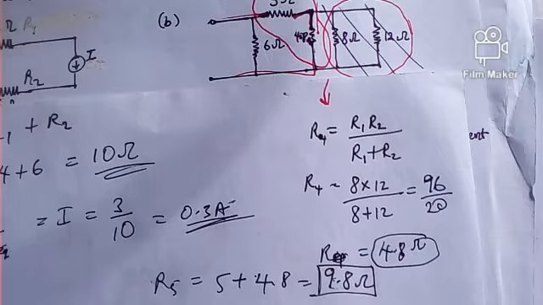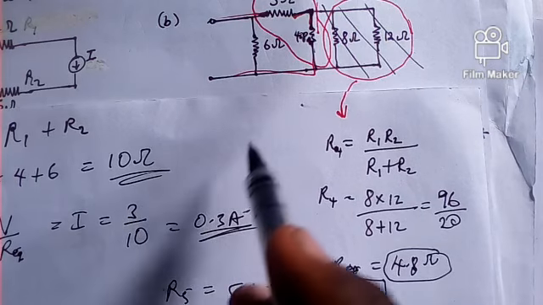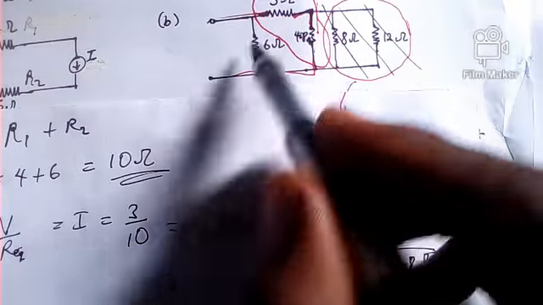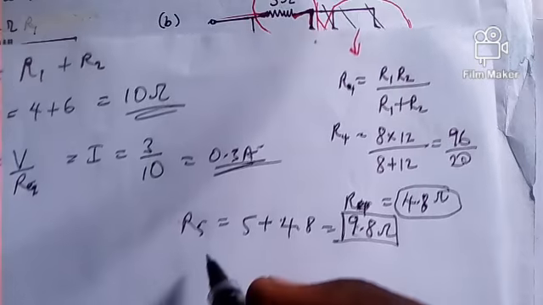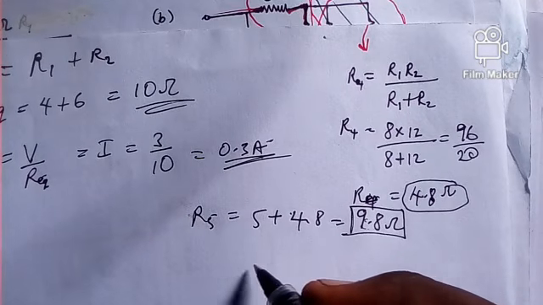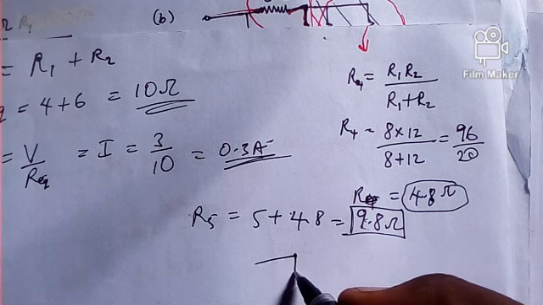So currently we now have this bunch of circuit reduced down to what? To a simple circuit like this.